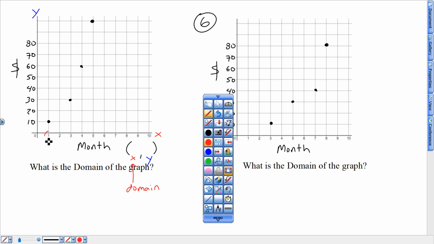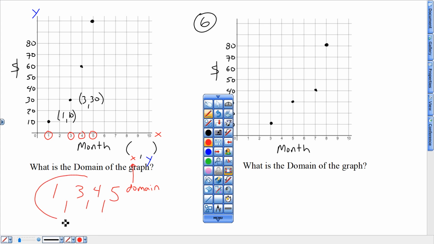I got 1, I got 3, 4, and 5. Again, technically those are coordinates, of course, but all I'm interested in is the first number, the x number. I don't care about the y number. Those are my range numbers. I want the x numbers. So here we go. 1, 3, 4, 5.